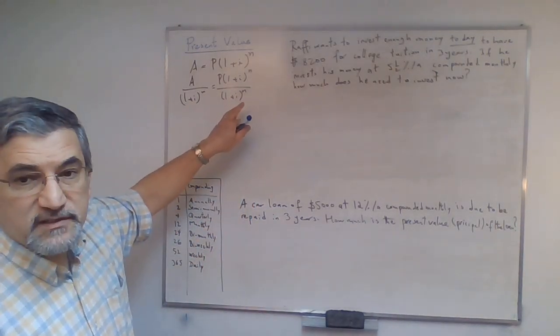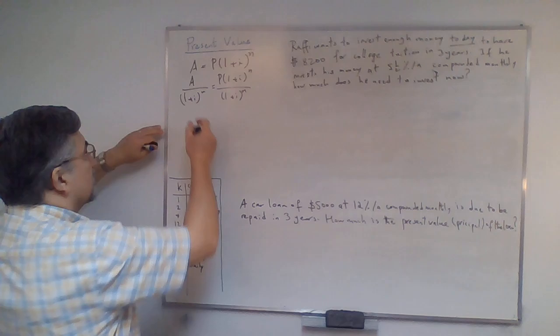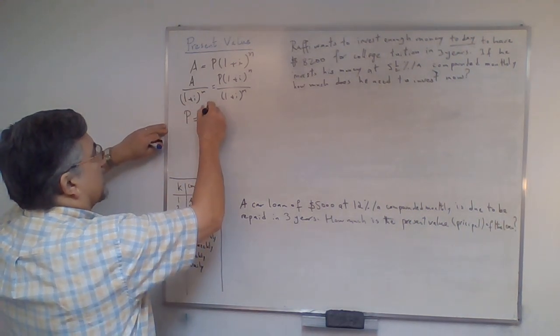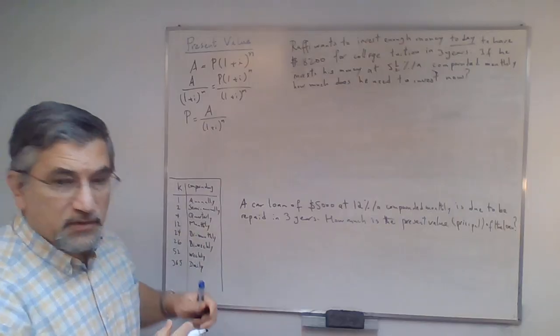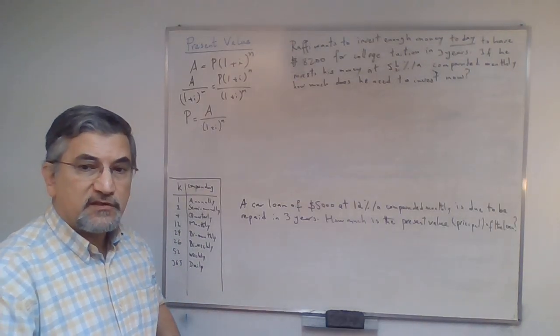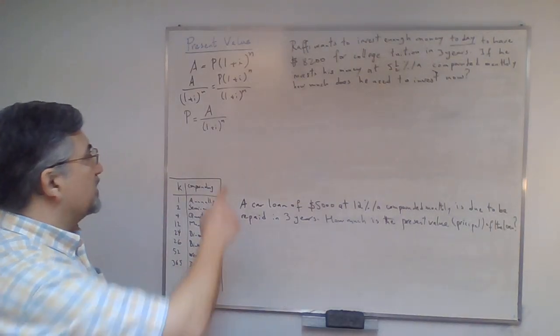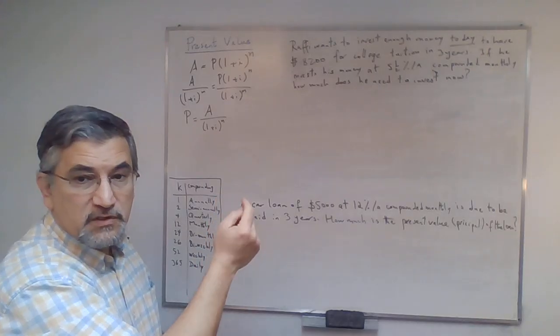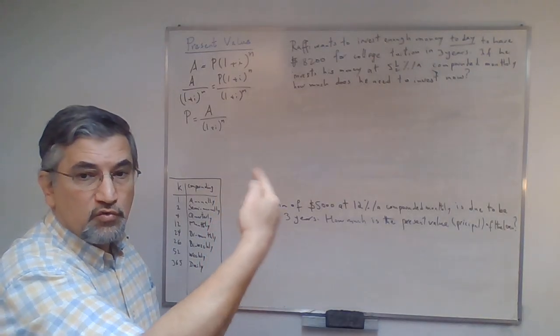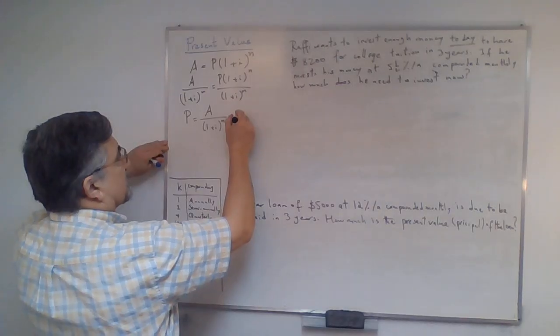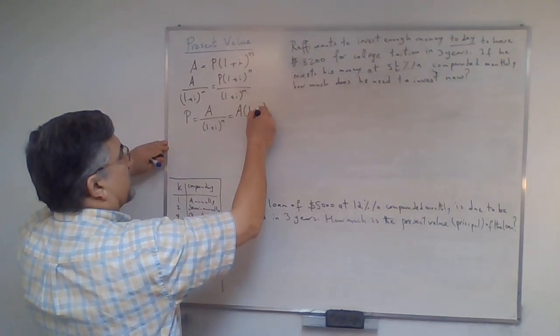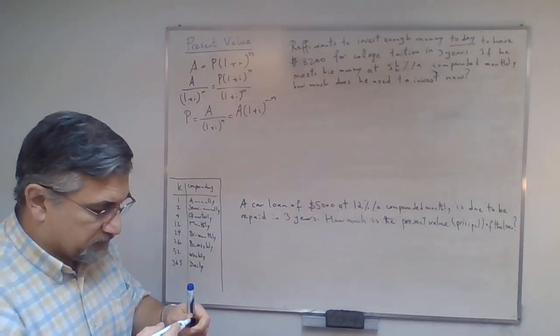Simplifying the right side, we can easily solve for P. We get P equals A over 1 plus i to the exponent of n. But using the negative exponent law, which we have learned already in past units, we can write the power that is in the denominator in the numerator with a negative exponent. So this can be written as A times 1 plus i to the exponent of negative n.